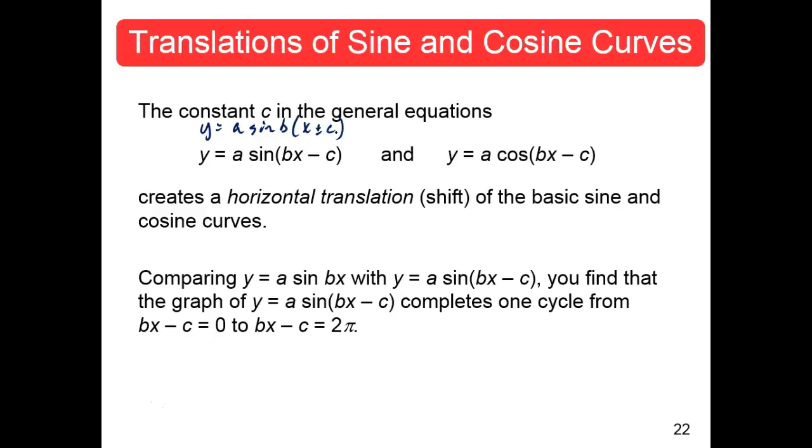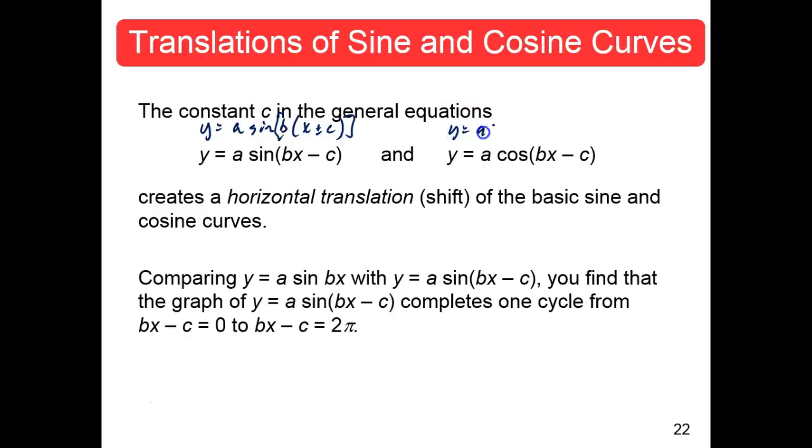That to me makes more sense because this then is going to give you the shift first, and then you multiply by b to get the amplitude, stretch or shrink. And that makes more sense to me, okay? Now the book doesn't do it this way, and my c and their c aren't the same, but they're related to each other, okay? But this is how we would do it in electronics or in physics and other things. You would typically do that.